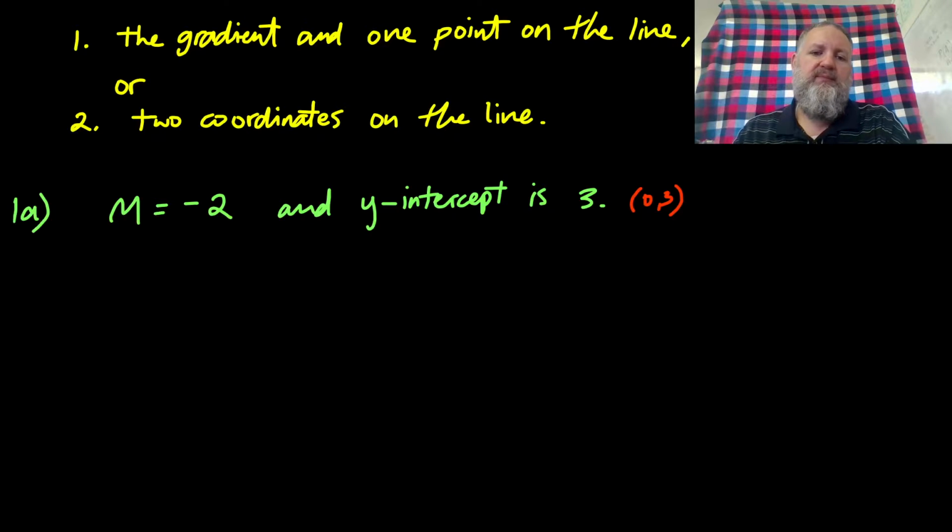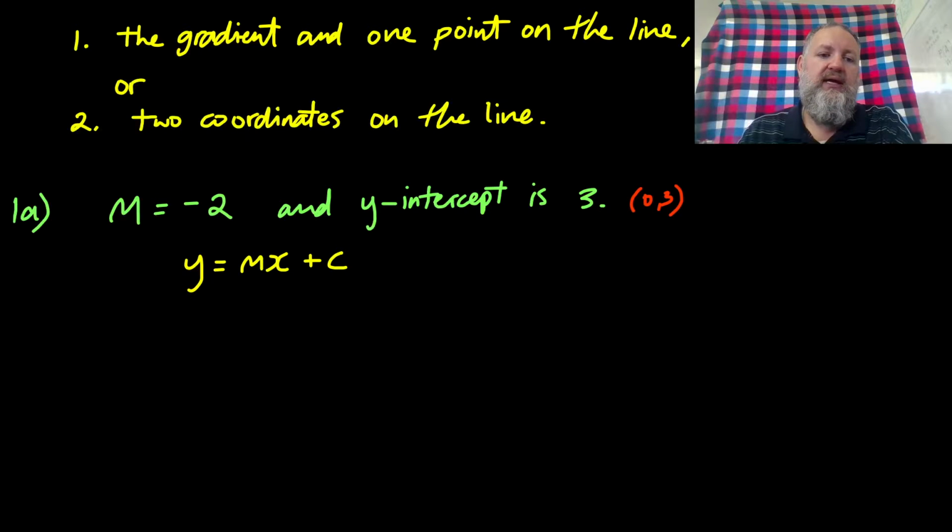So we would write down the general form of our linear equation, y equals mx plus c. In this instance, we can just substitute in the things that we know. We know that the m here is just going to be negative 2. And the plus c, the c is just the y-intercept, so it's just the 3.